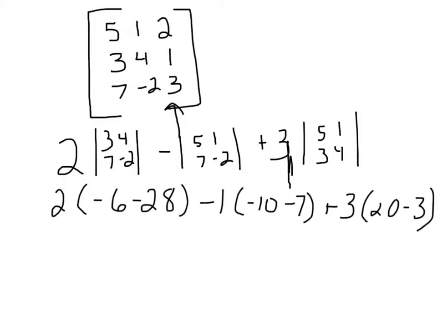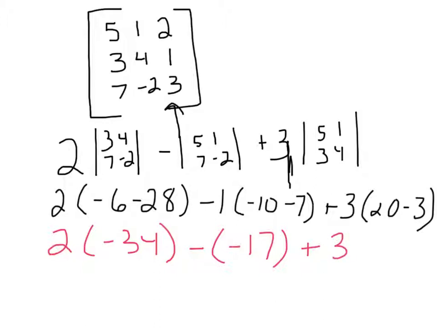So we have 2 times negative 34, minus negative 17, plus 3 times 17.